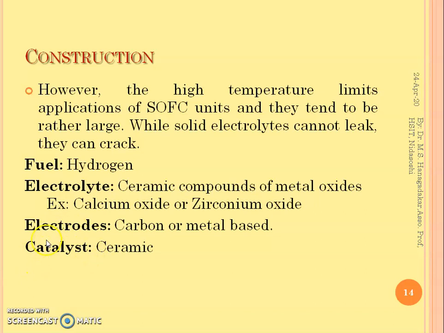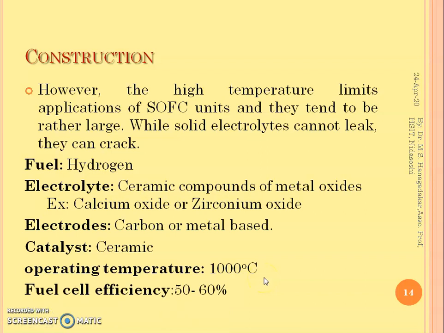The catalyst is a ceramic-based metal that can provide the oxide ion for the reduction process. The operating temperature is around 1000 degrees Celsius, and the fuel efficiency, the energy conversion from the supplied fuel, is 50 to 60%.